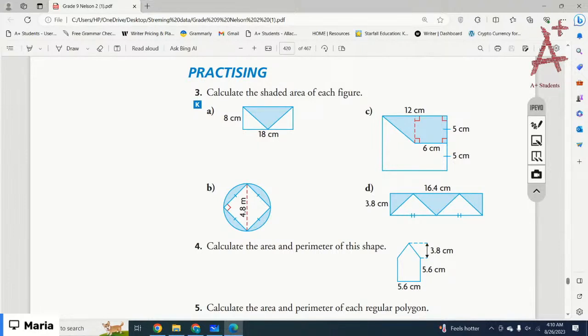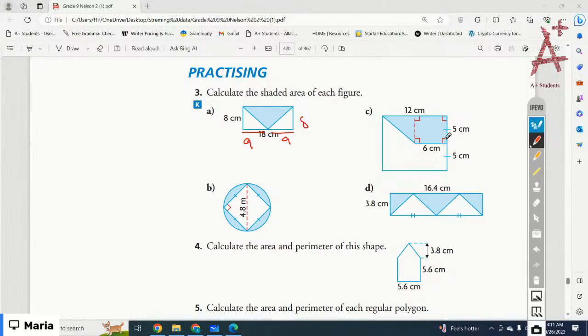So the area of this portion, just this portion, would be length times height, right? 5 times 6, that is 30.